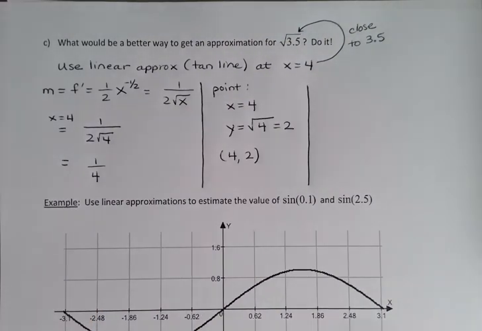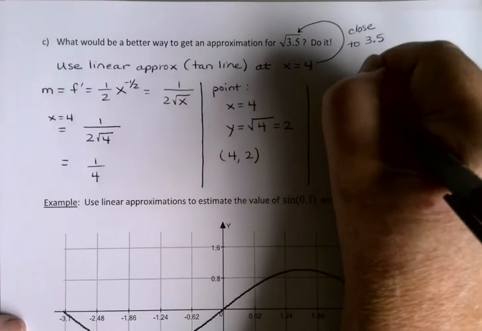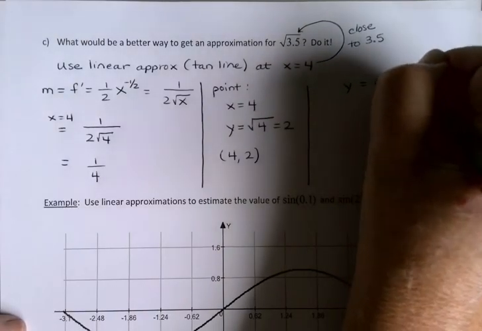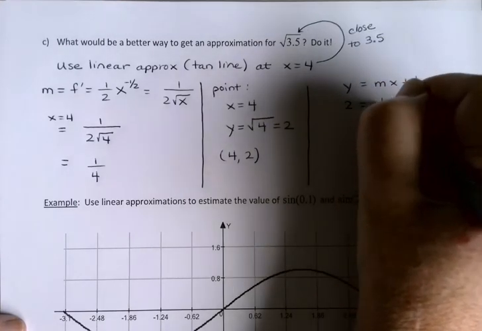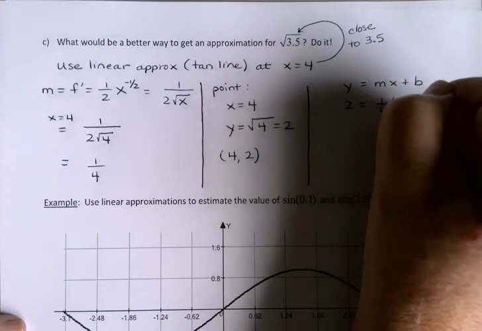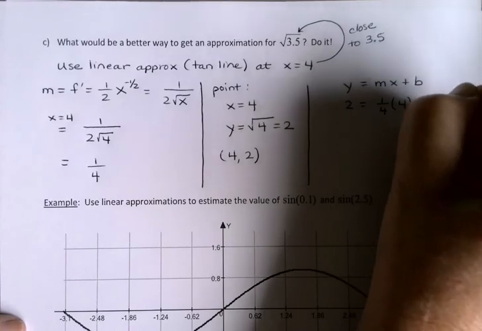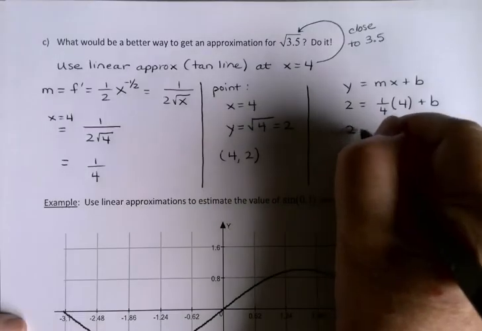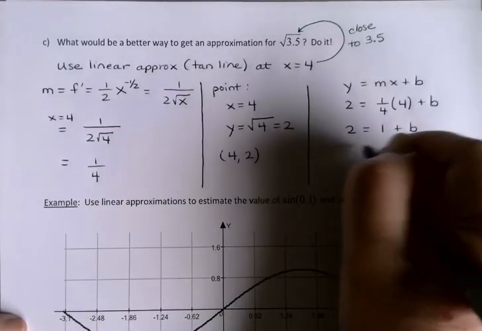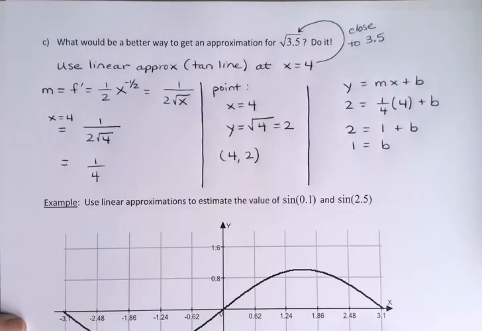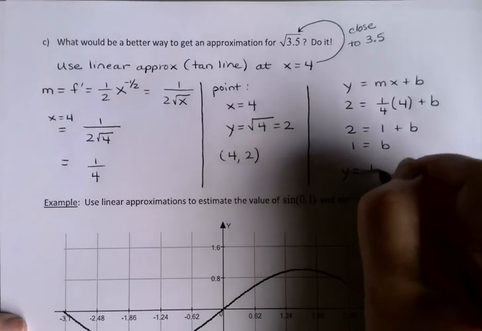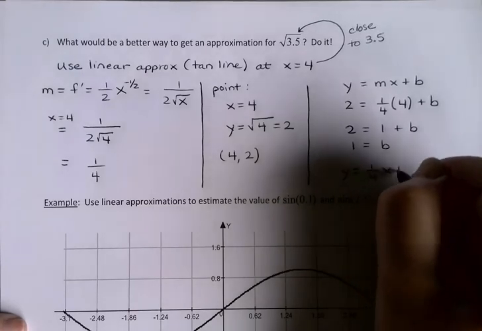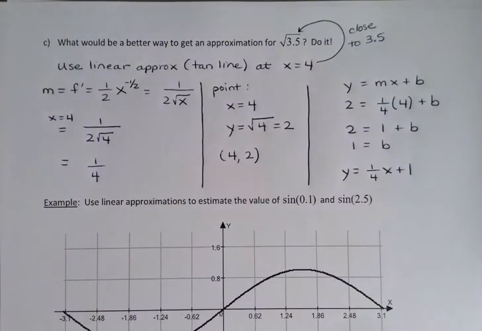So my linear approximation or tangent line, y equals mx plus b. 2 equals 1/4 times 4 plus b. Looks like b is going to be 1. So my linear approximation, y equals 1/4 x plus 1.